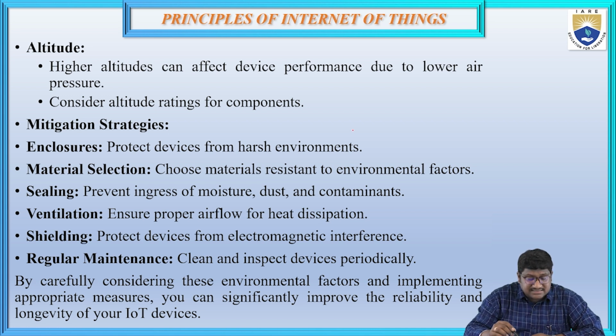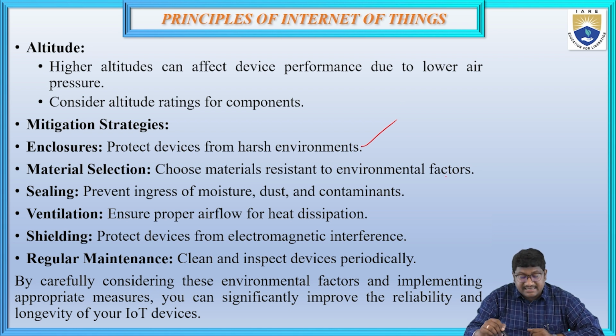In mitigation strategies, enclosures: for protecting the devices from harsh environments, we need enclosures. Material selection: we need to choose a proper material to withstand vibration or shock. And we need to seal these devices properly so that moisture and dust contaminants are avoided. Ventilation: we need to ensure proper airflow in and out of the device.